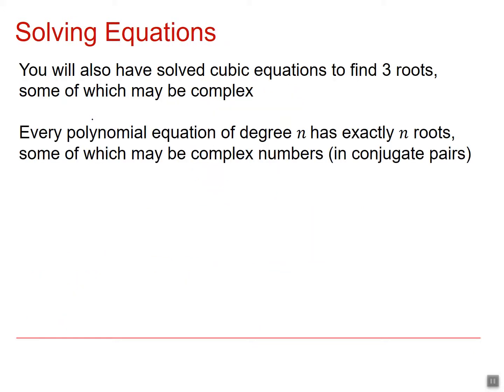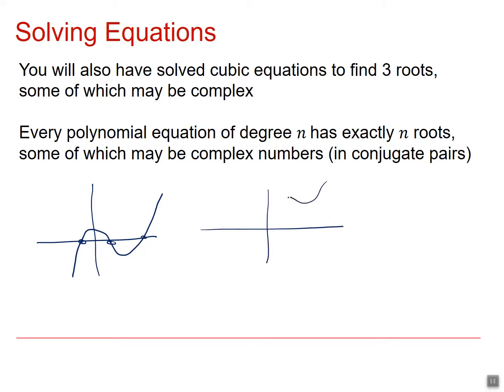You should also have solved cubic equations to find three roots, some of which may have been complex. And if we look at a cubic like this one, that will have three real roots, whereas one like this will have only one real root, and then we'll have two complex roots, again occurring as a conjugate pair.